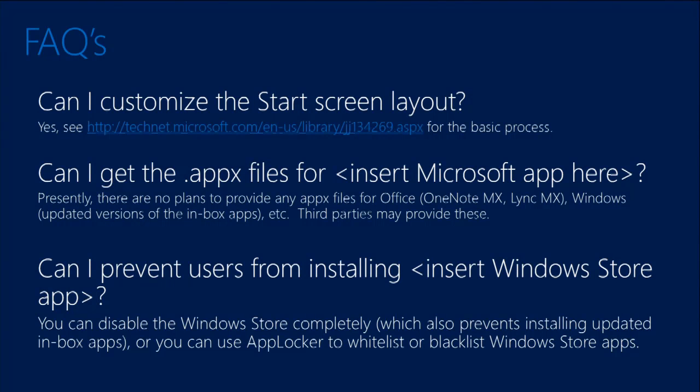You need to be able to add those into Config Manager or Intune or whatever solution you're using. Okay, so you pick up the phone, you call Microsoft, you ask, well, where can I download the AppX files for these applications? Sorry, we don't provide those to customers. So that becomes a bit of a gotcha. For each of these applications, you would need to contact the ISV and ask them to provide the AppX files.